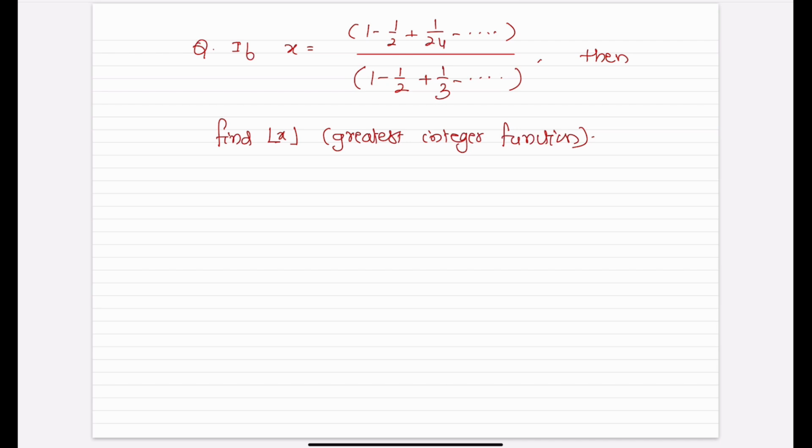This is the greatest integer function. You find the greatest integer such that it is less than or equal to x, if x is equal to so and so. This is the question. I have given the solution in my lecture.